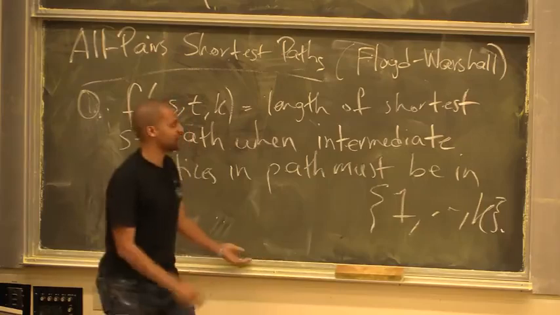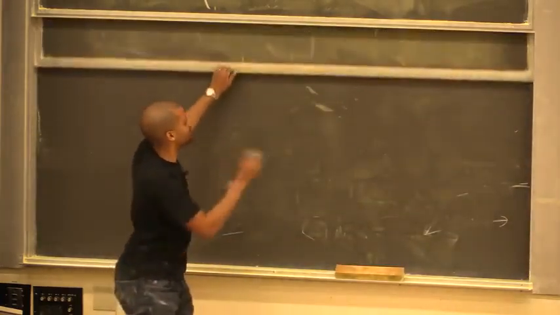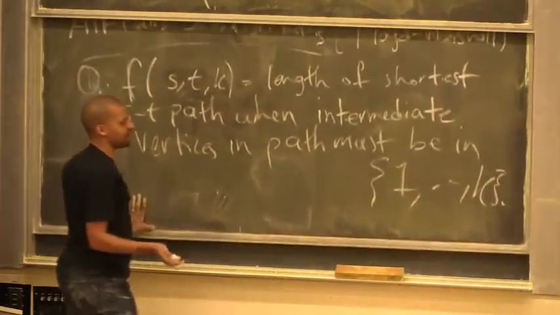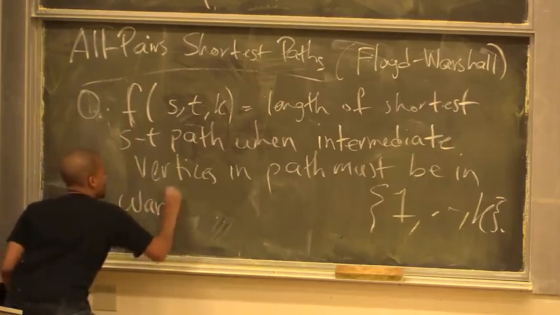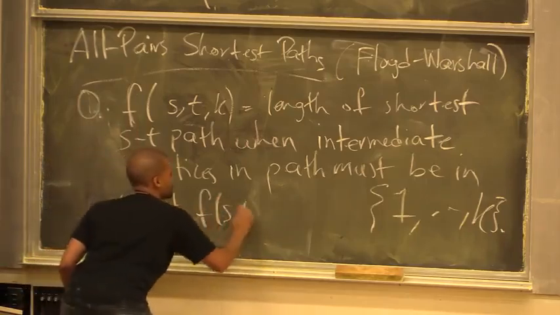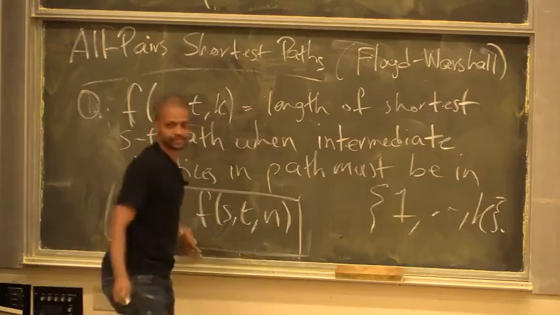Okay, it's kind of a clever thing. Oh, and what do I want? In an arbitrary path, the intermediate vertices are allowed to be anything. So what I want is f of stn, because the intermediate vertices should be allowed to be anything.